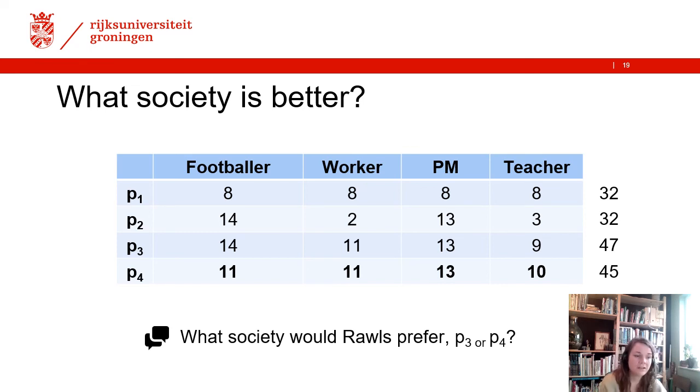Interestingly, this is actually not the distribution that maximizes total welfare, right? So a utilitarian would probably choose distribution 3, as the total welfare there comes down to 47 instead of 45. Right, so maybe have a look at these examples and see if you can come up with the arguments why an egalitarian would choose distribution 1 and why Rawls would choose distribution 4.